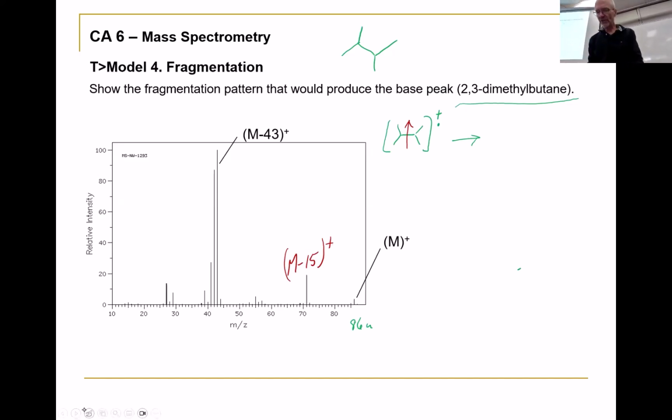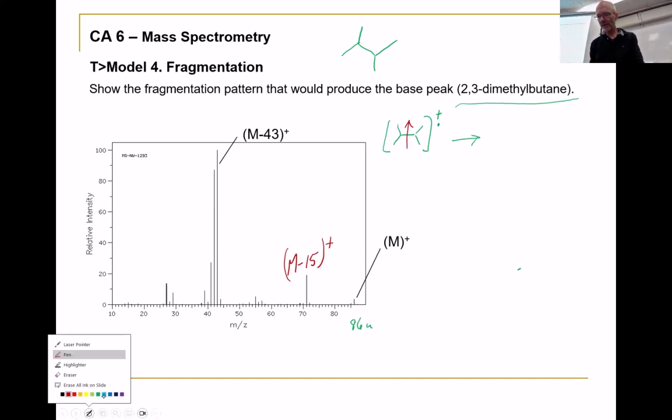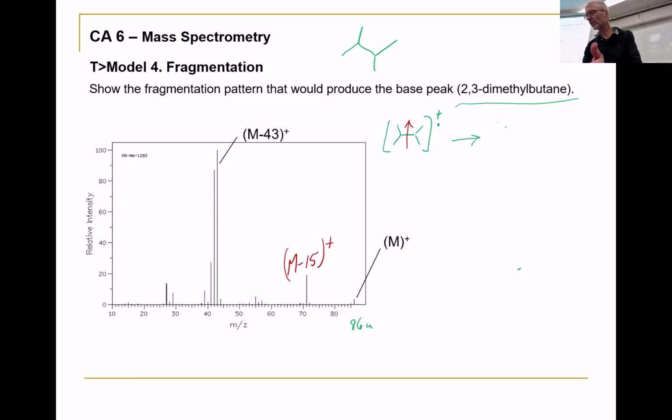And if we look at the result of breaking that molecule right down the middle, we see we end up with this and with this. But we still need to do further labeling. One of these will be a radical, one of these will be a cation. The cation is sitting, and I arbitrarily chose the left-hand structure because the two structures are identical, and I put the radical on the other side.